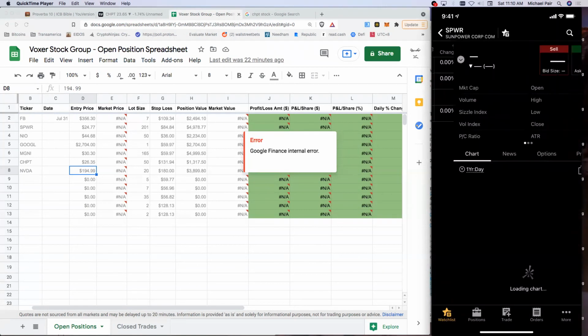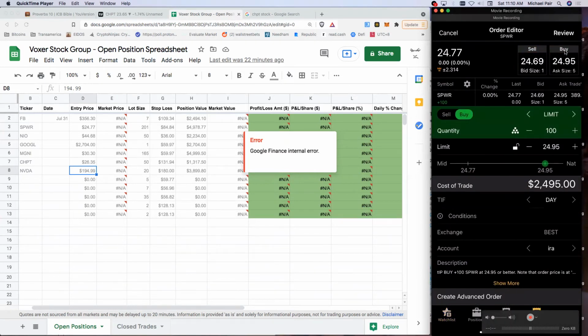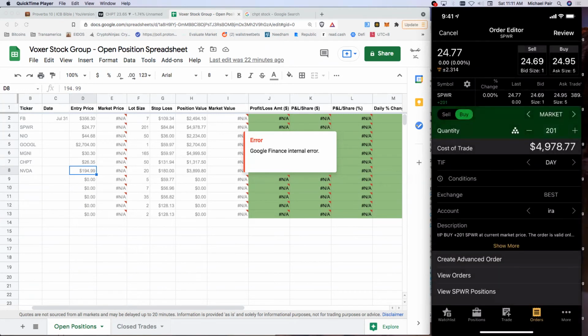Sun Power. Okay, Curtis, you say you wanted 201 shares. There we go. So we're going to click on buy. All right. We're going to do a market order. We're going to go to quantity. You said 201 shares. Go to done. It's going to be pretty much all of your $5,000, the cost of the trade. We want a day in force because it says we can only do market orders on day in force.